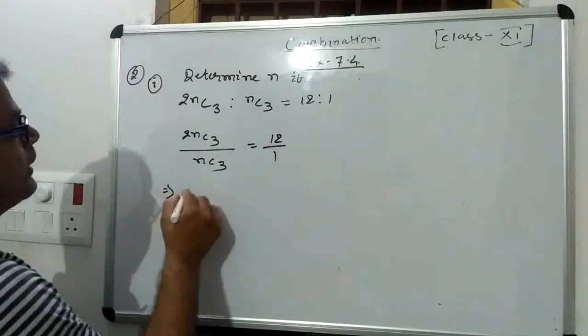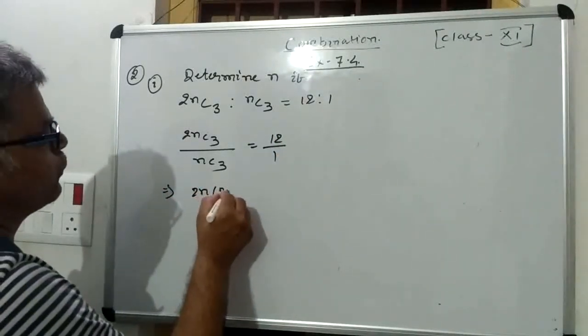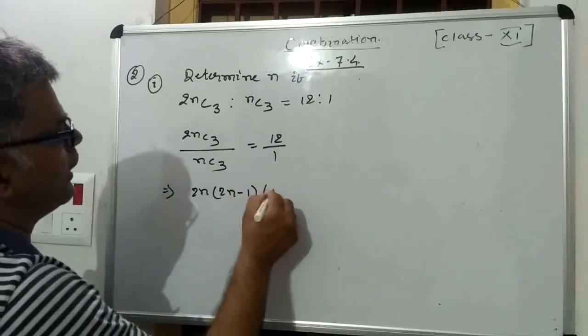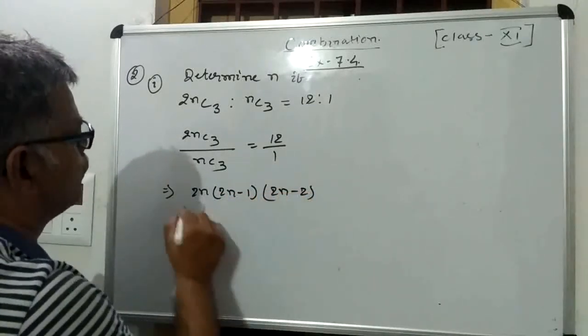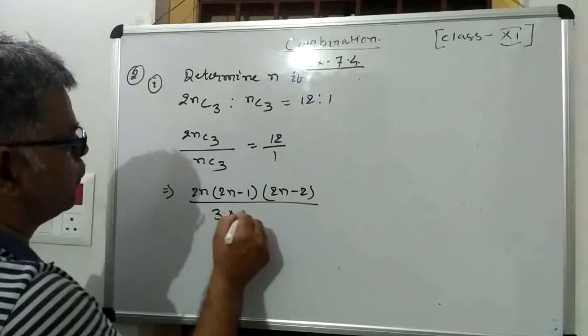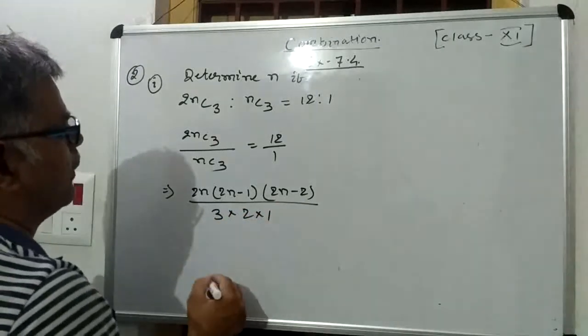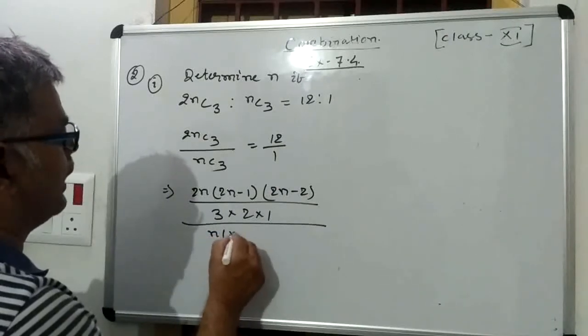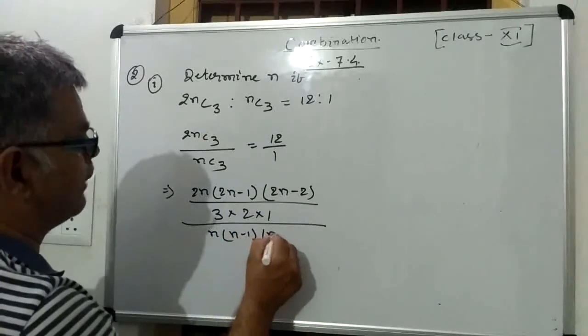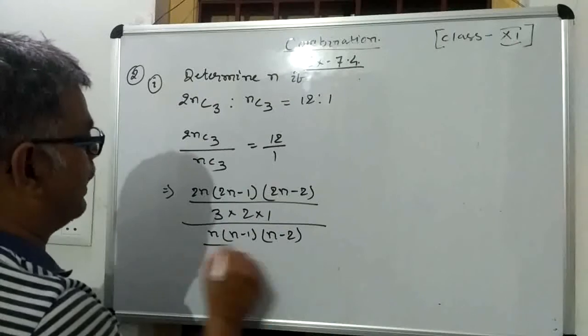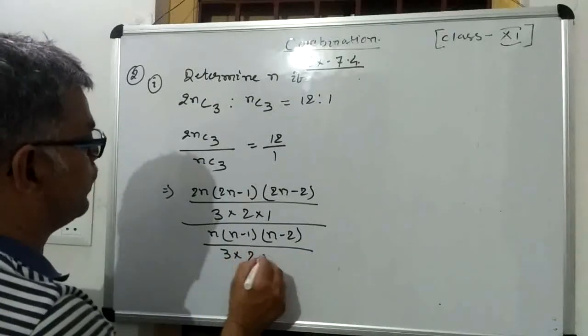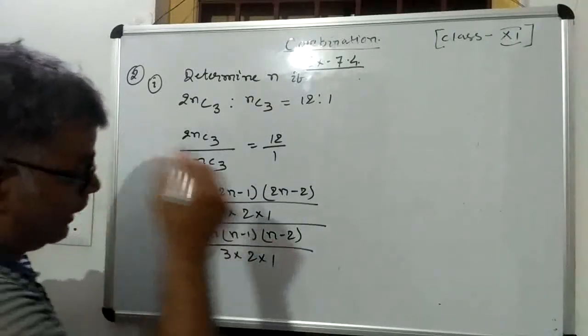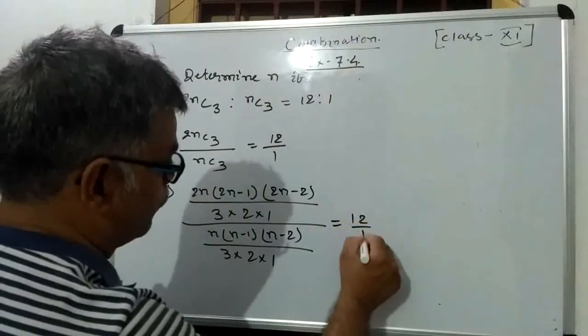And you can write it as 2n into 2n minus 1 into 2n minus 2 by 3 into 2 into 1, by n into n minus 1 into n minus 2 by 3 into 2 into 1, equals 12 by 1.